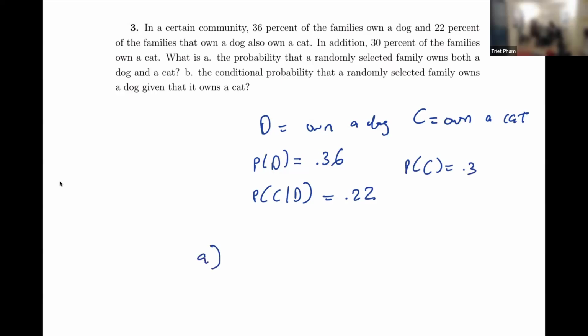And so part A is P of CD, correct? Which would be P of C given D times P of D. Agree?